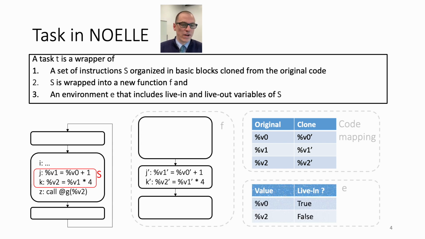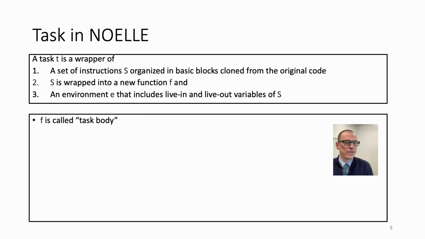And finally, the environment is going to provide information about which variables are live in of S and which variables are live out of S. So you can use this information to decide how to fill up the remaining basic blocks that are going to get the live in values and also to propagate the live out values. F is called task body, and E is called task environment.